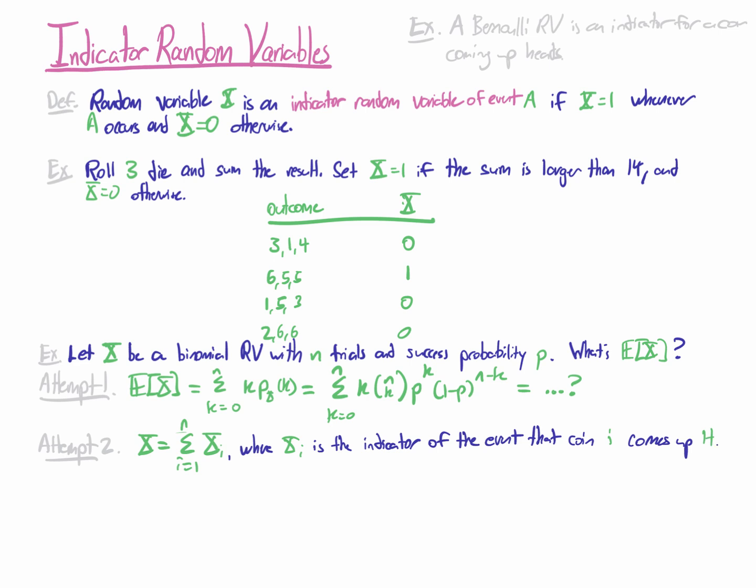So in other words, we think about flipping n coins, and we can ask specifically about a specific coin, like coin 1, coin 2, coin 3, coin i, coin n. What's the probability that that coin comes up heads?